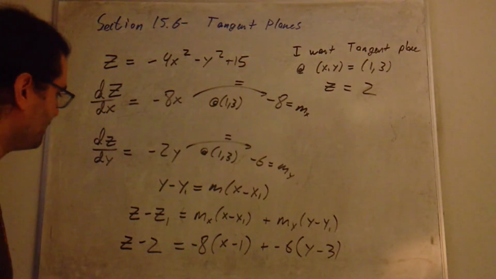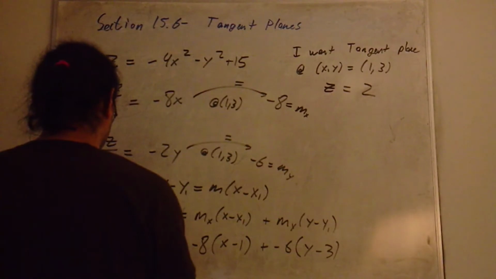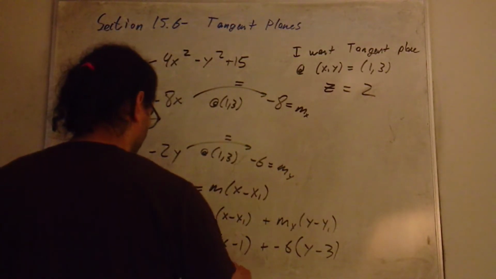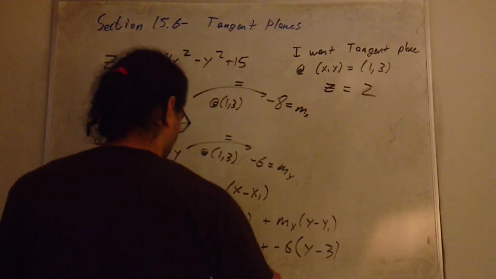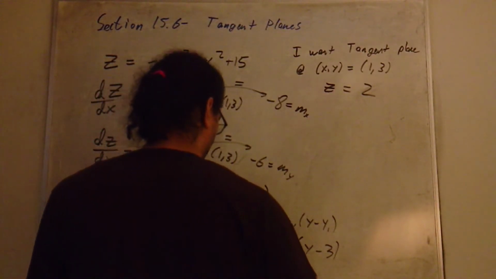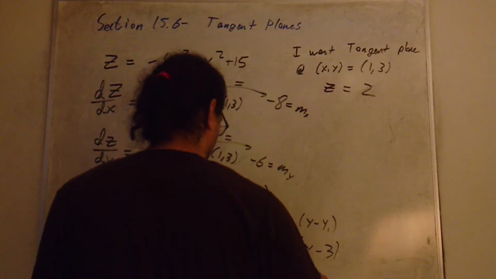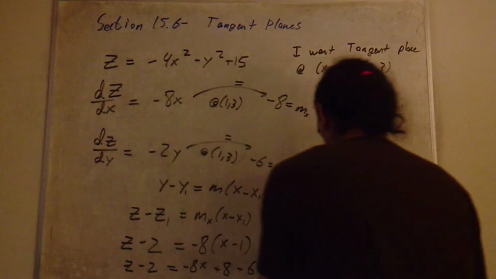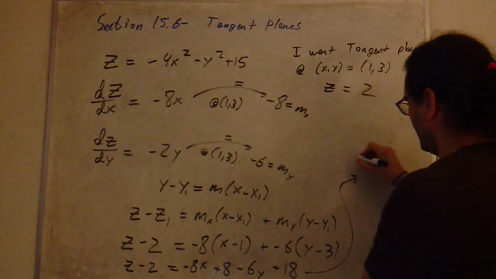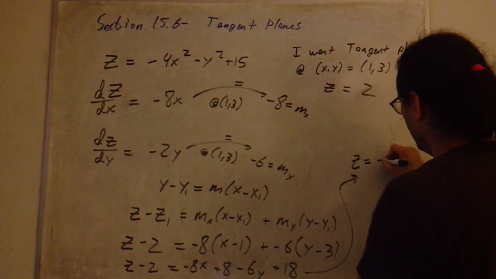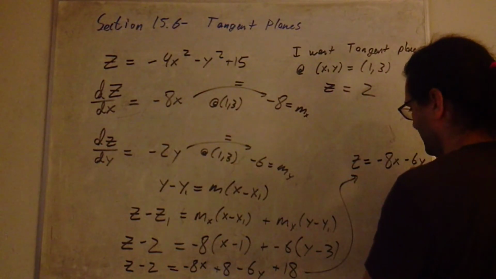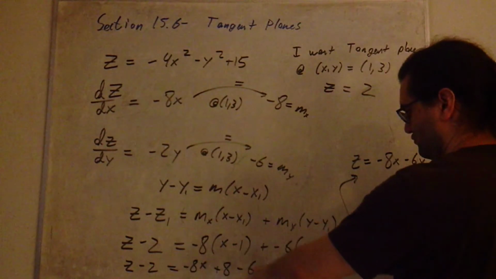And now we can simplify it. Z minus 2 equals negative 8x plus 8 minus 6y plus 18. So I think the final simplified version of this should be z equals negative 8x minus 6y plus 28.